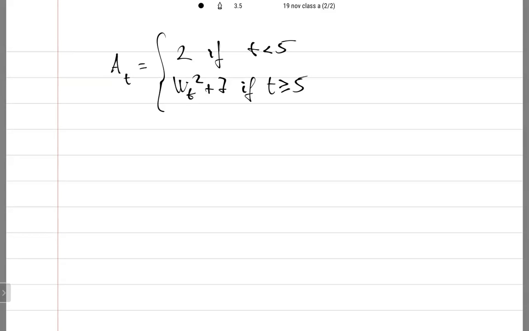And I would like to find the integral from 0 to t of Au dWu. What is this value? This is an exercise.